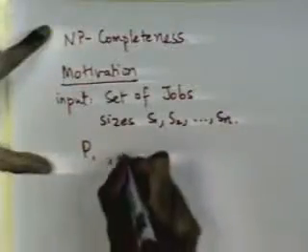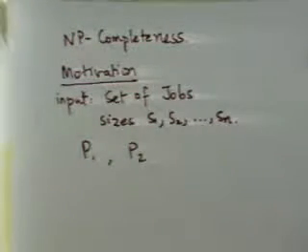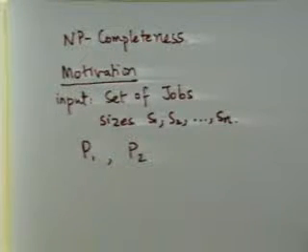Now there are two processors, P1 and P2. Both are identical, and your job is to schedule these jobs on these two processors. Your boss wants you to automate this process.